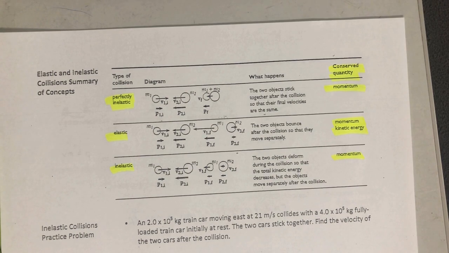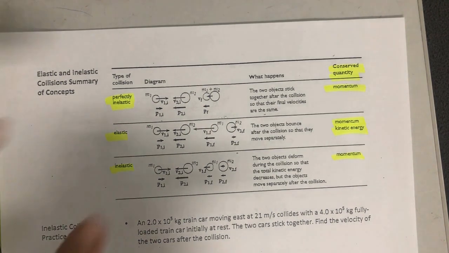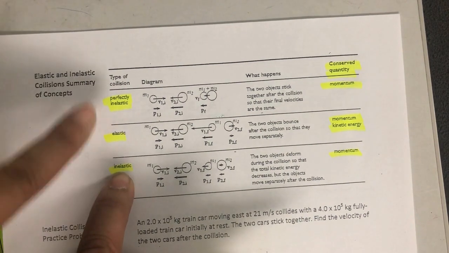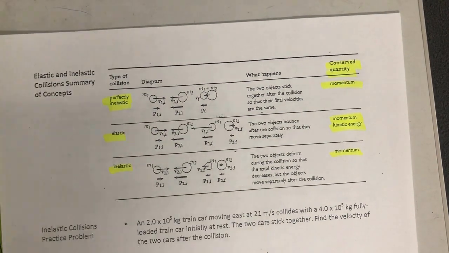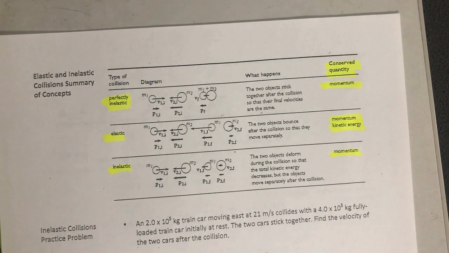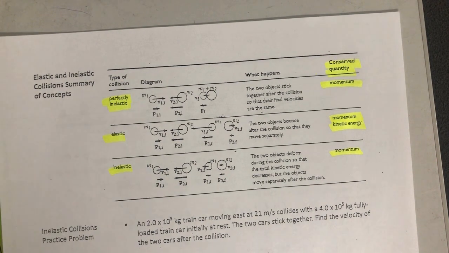In inelastic collisions, is kinetic energy conserved? No. I'm trying to talk slow. I know it's a little bit confusing. In inelastic collisions, is kinetic energy conserved? No. Is momentum conserved? Yes.